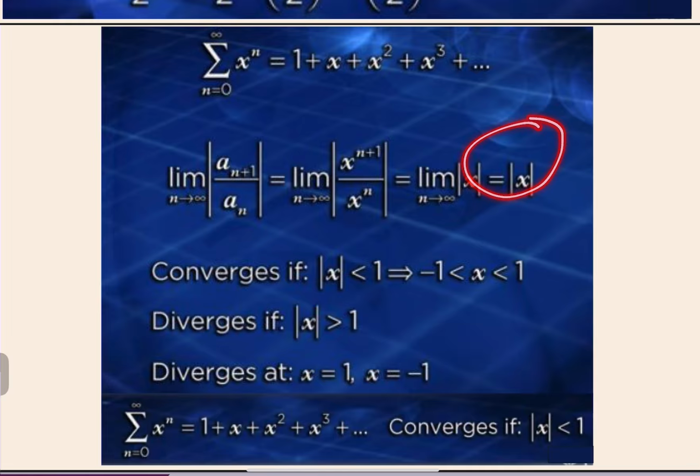But we go back to the ratio test. What does the ratio test say? It says that the series will converge if that limit is less than 1.